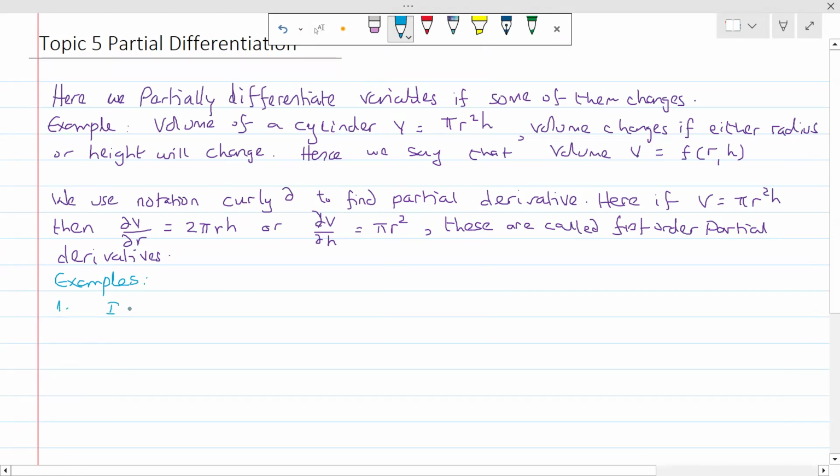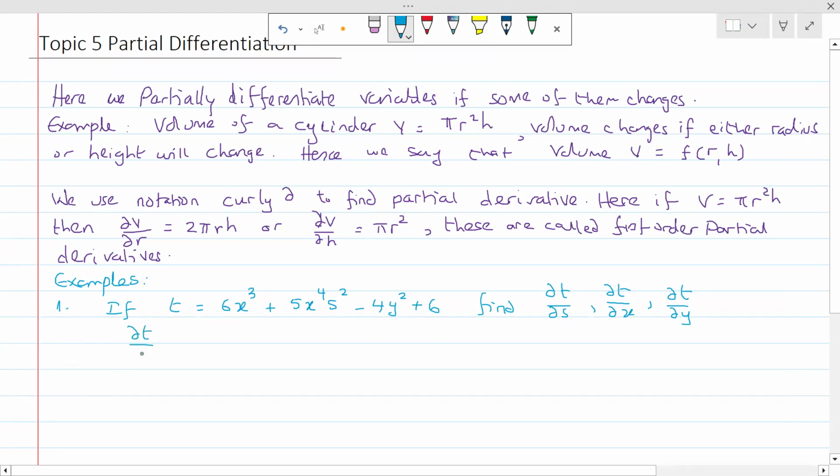Examples: if t equals 6x cubed plus 5x^4 s squared minus 4y squared plus 6. Find partial t partial s, partial t partial x, partial t partial y.